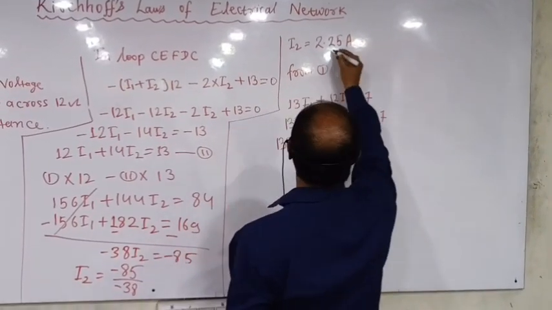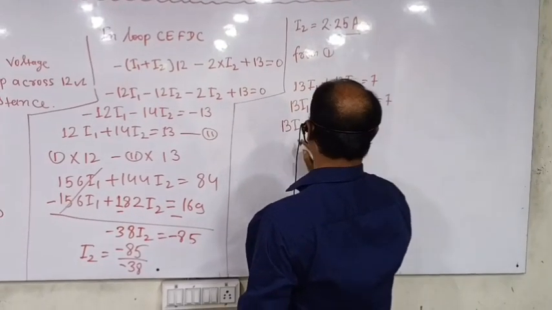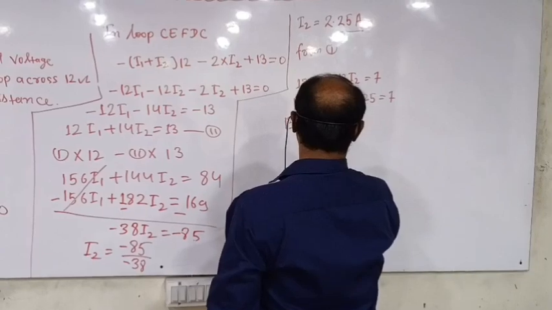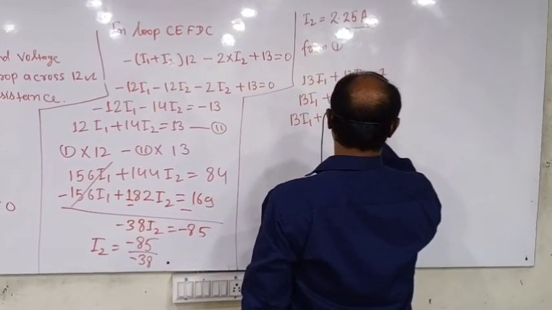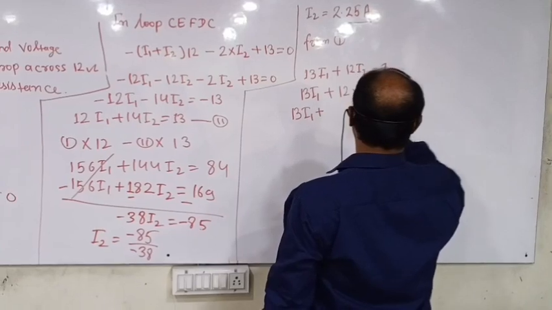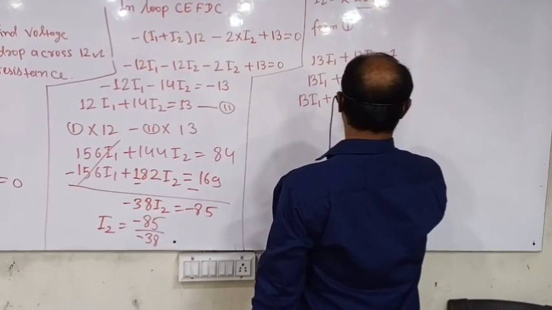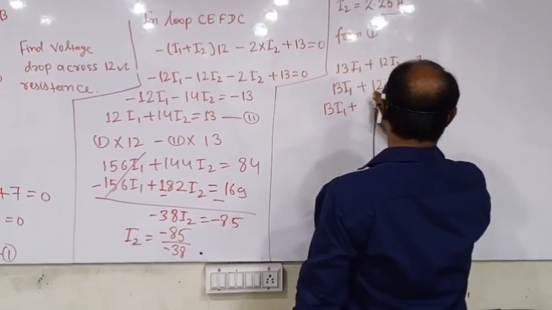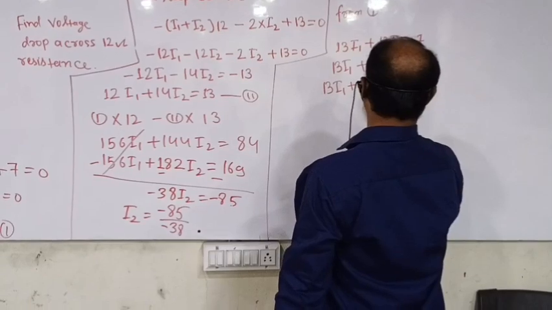I have taken its approximate value, students, so it is not exact. 12 into 2.25 is about 27.